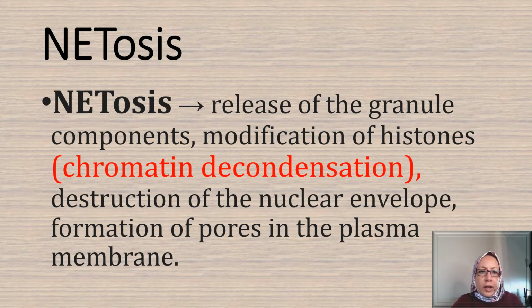The production of reactive oxygen species inside the cytoplasm of neutrophils will result in the release of granule components in the cytosol, and these components will go inside the nucleus and cause modification of histones, and will lead to chromatin decondensation and destruction of the nuclear envelope, as well as formation of pores in the plasma membrane and the production of extracellular nets.